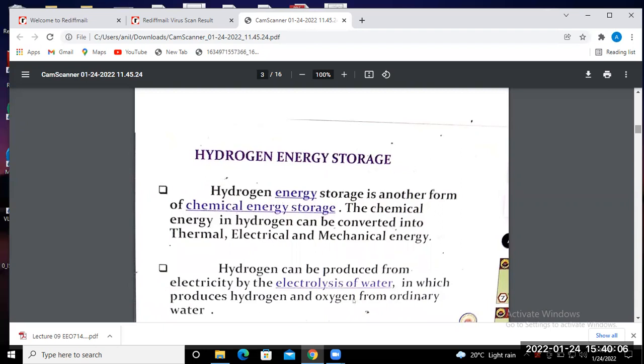The molecular formula of water is H2O. If it is transformed by electrolysis, it can be broken into H2, hydrogen, and oxygen. So hydrogen can be produced by the electrolysis of water, producing hydrogen gas and oxygen from ordinary water.